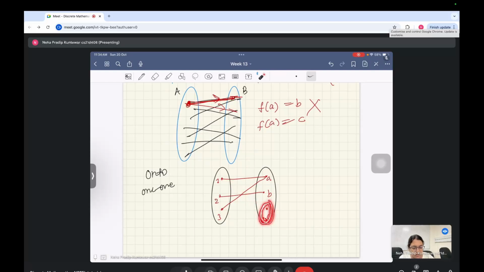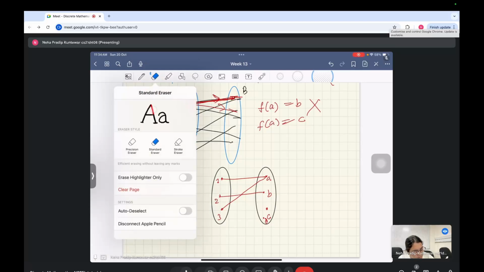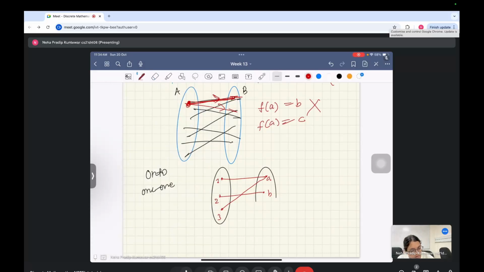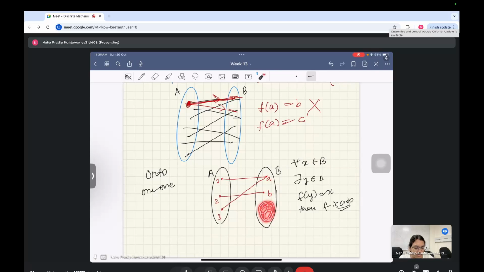So if such elements are not there, that is, if all the elements in the set B are covered, by covered we mean that for all x in B, there exists a y in A such that f of y is equal to x, then the function is onto. So basically, in simple terms, there should not be some elements here that do not have a pre-image. This is what we mean by onto.